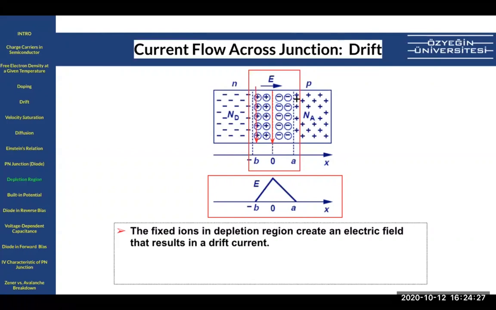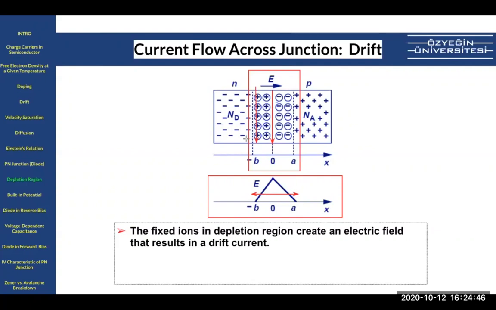Or if the minuses are less, then they will probably spread much more, or vice versa. So basically, B doesn't have to be equal to A.